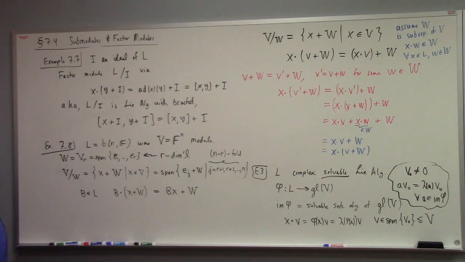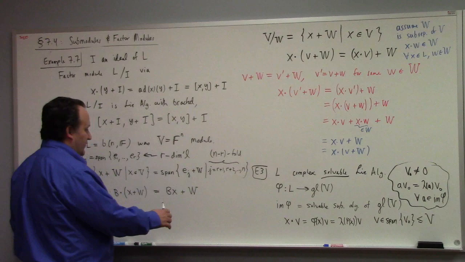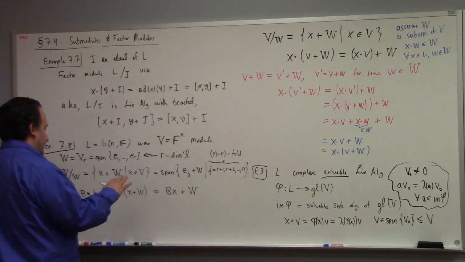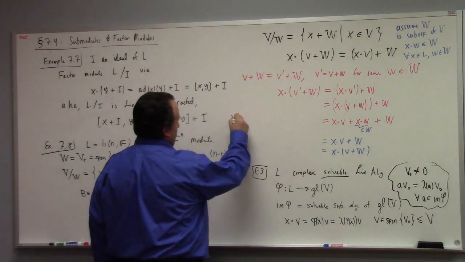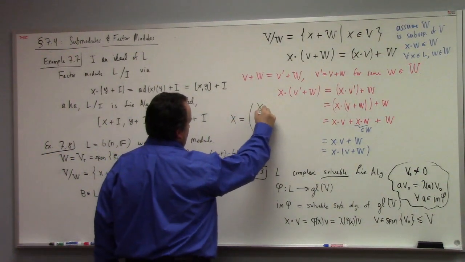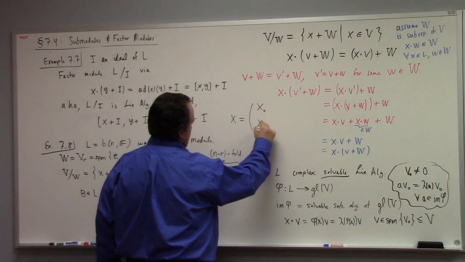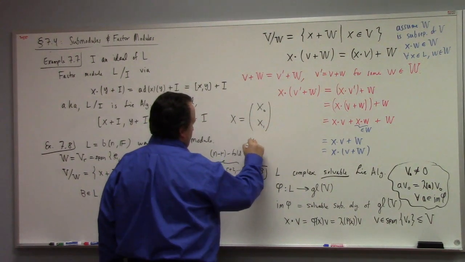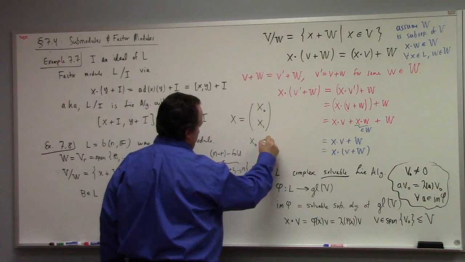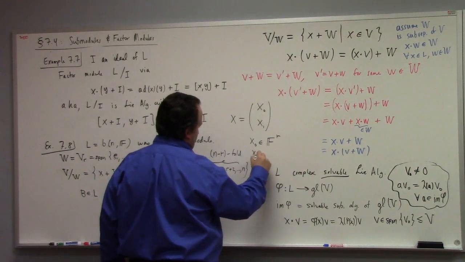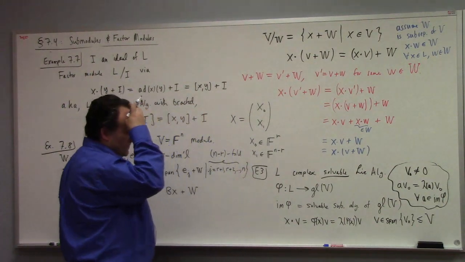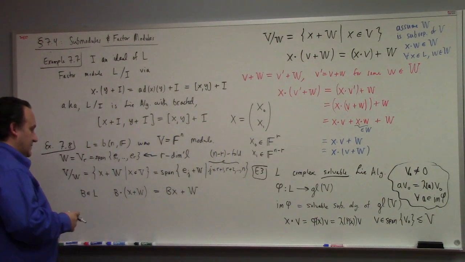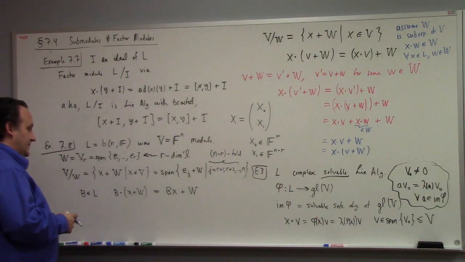But of course, you can just think of that X. You can absorb all of the... we can write any X here as equal to X sub 0 plus X sub 1, let's say, where X0 is an element of F^r and X1 is an element of F^(n minus r), like that.